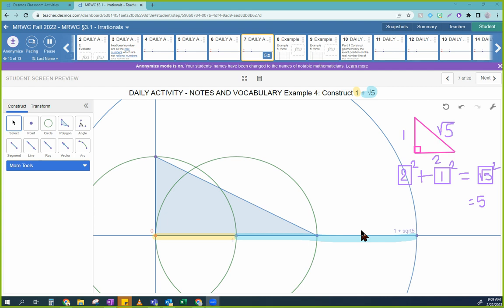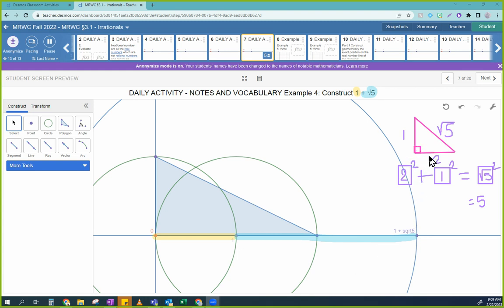There are a lot of things you have to learn dealing with a compass and a straight edge. But here, it's really just clicking buttons, and now we can focus on the learning of what's going on behind the scenes. So this is how we built 1 plus square root of 5.